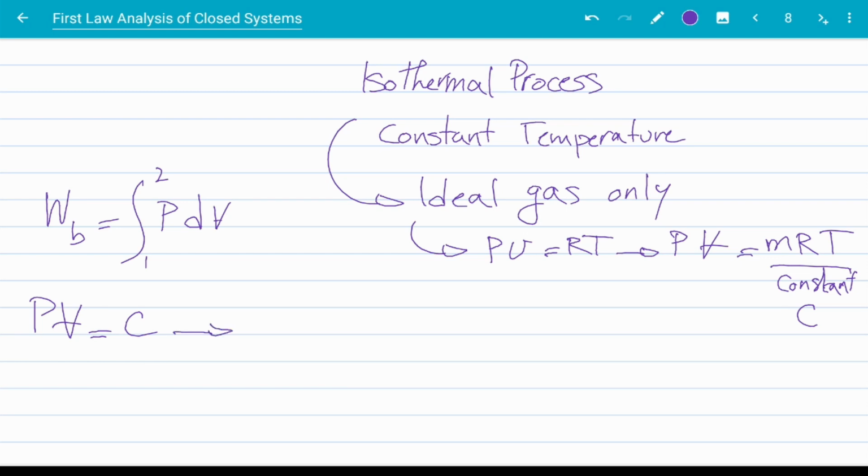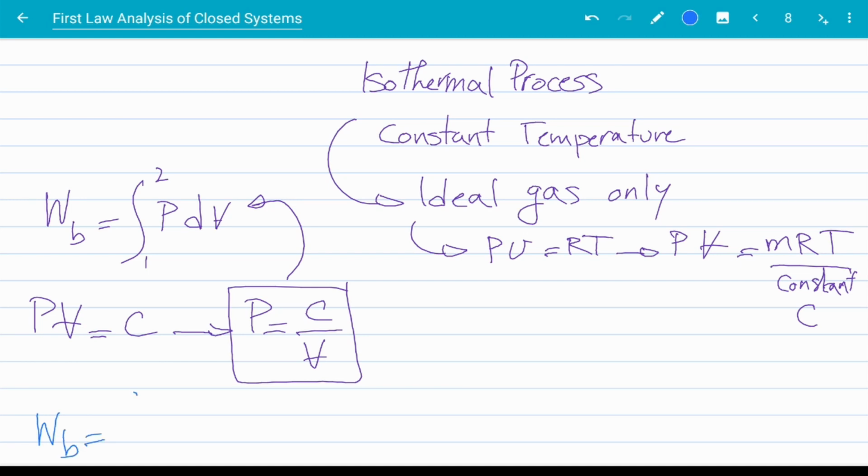If I play with this, I'll get that pressure is C over volume. Now this is a function. It shows the relation between pressure and volume. I can plug this equation back into the definition of boundary work and make that integral. So the boundary work is the integral of constant C over volume dV from state 1 to state 2.